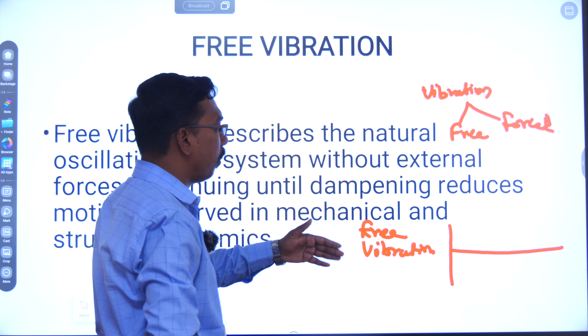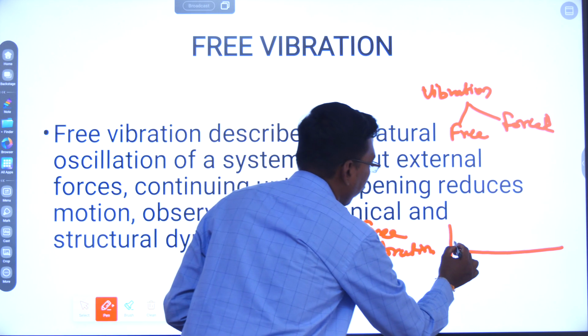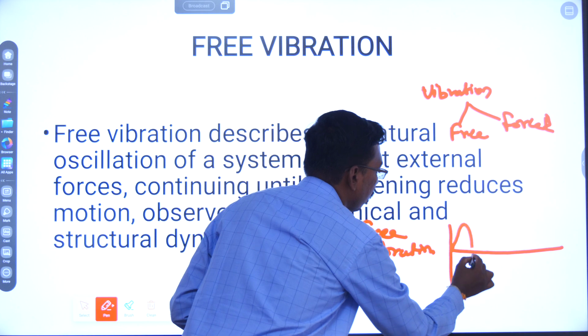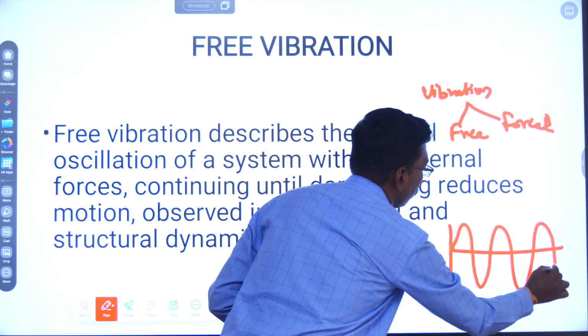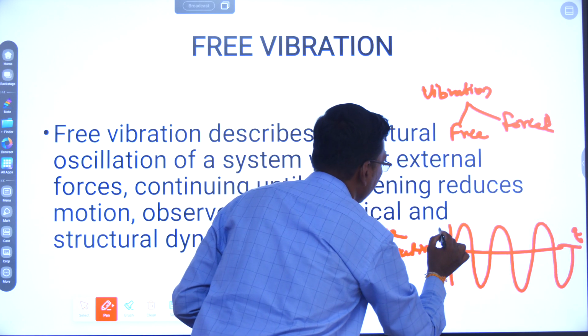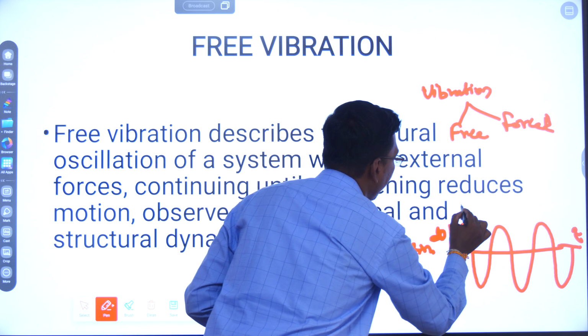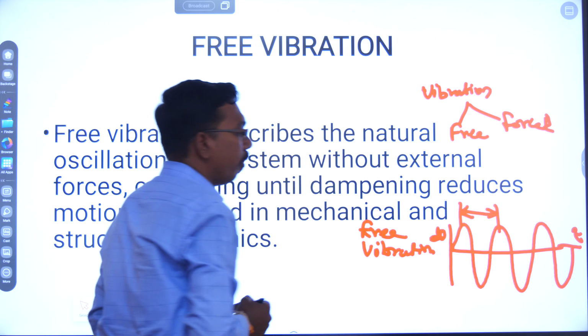It looks like a damper. For example, if we fix it without a damper in free vibration, the wave looks like this. The upward and downward movements are both equal. Okay? So this is the time axis, and this side is the distance. The intermediate distance is nothing but the vibration. This is called what? Free vibration.